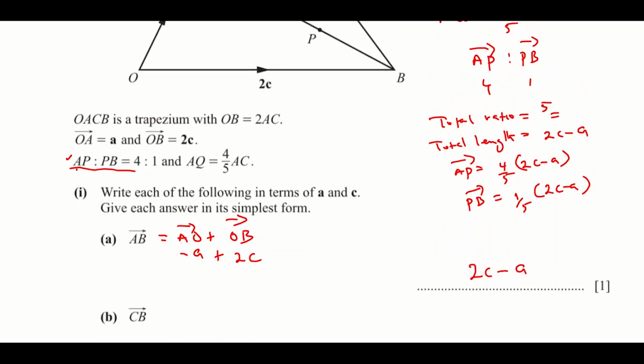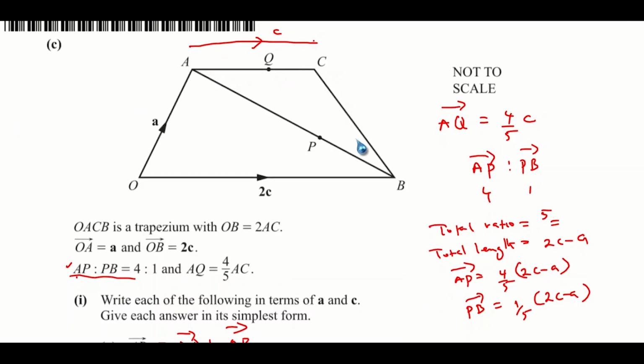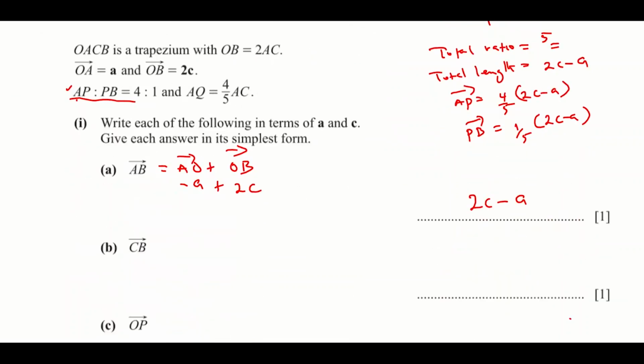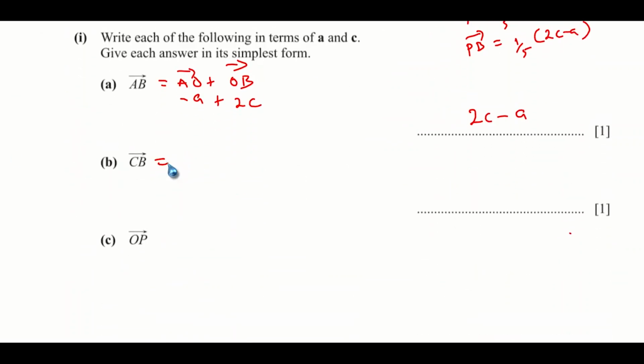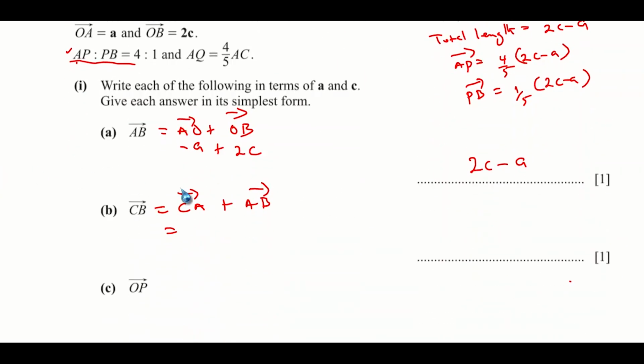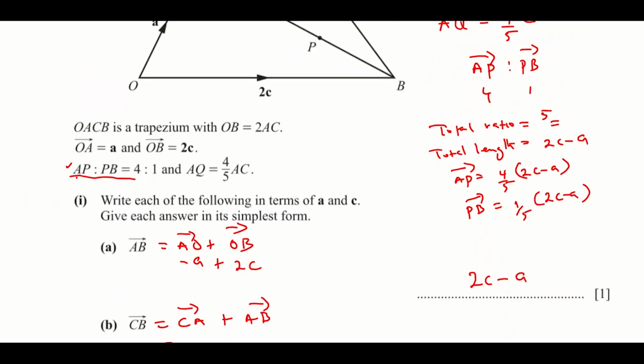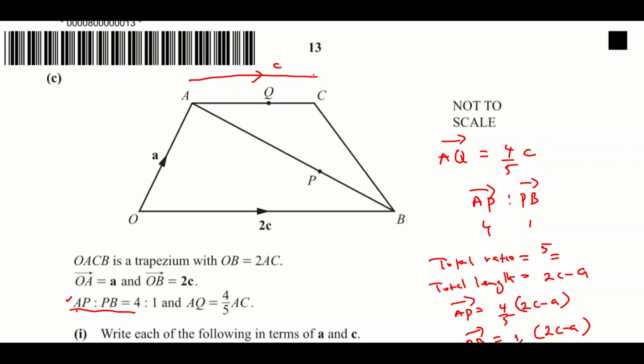Now to get CB, CB will be equal to CA in this direction plus AB in this direction. If we go back to the diagram, we know AB, which is 2C minus A, but we don't know CA, so we need to find it first.